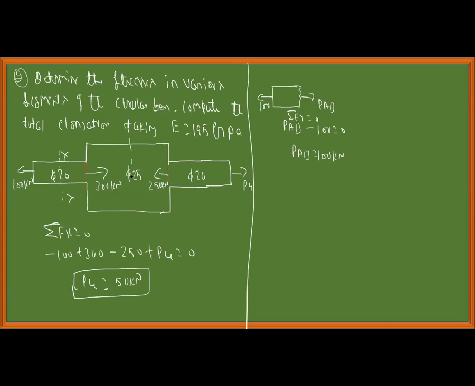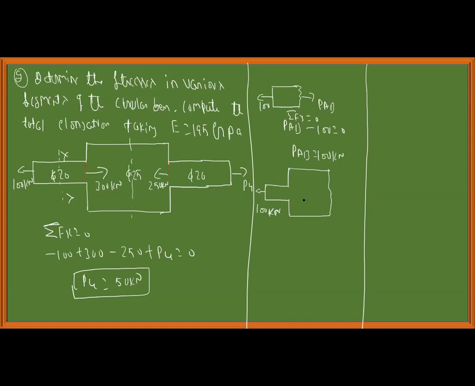Next, I will take the section here. He has also asked us to find the stresses. Okay, let's find the stresses. P of AB, and then this is the section. This type of assumption will be useful. Whatever section forces you assume acting away from the cross section will be useful for you to solve the indeterminate problem.